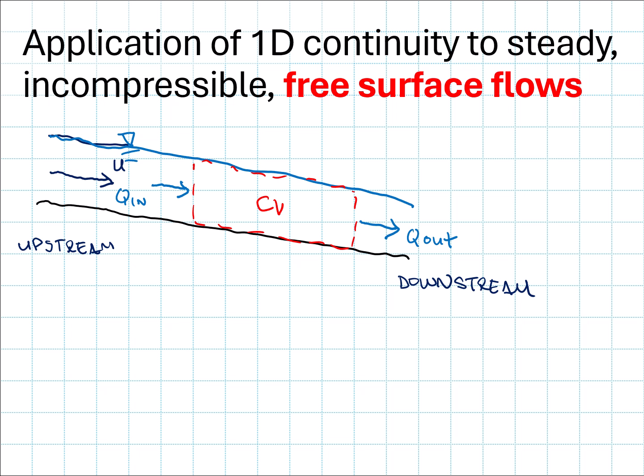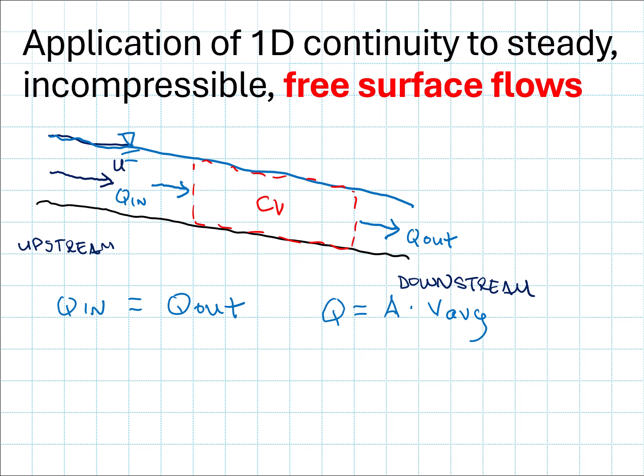This long-term application of 1D continuity to steady incompressible free surface flows just boils down to Q in equals Q out. But we can even take it a little bit further from here, because we also know that the volumetric flow rate Q is equal to the product of the cross-sectional area that the flow is moving through multiplied by the average speed of the flow through the cross-section.